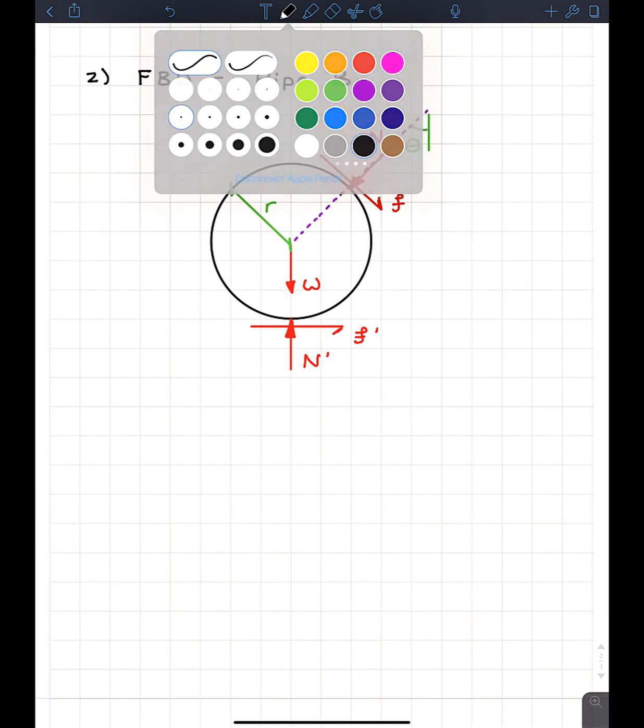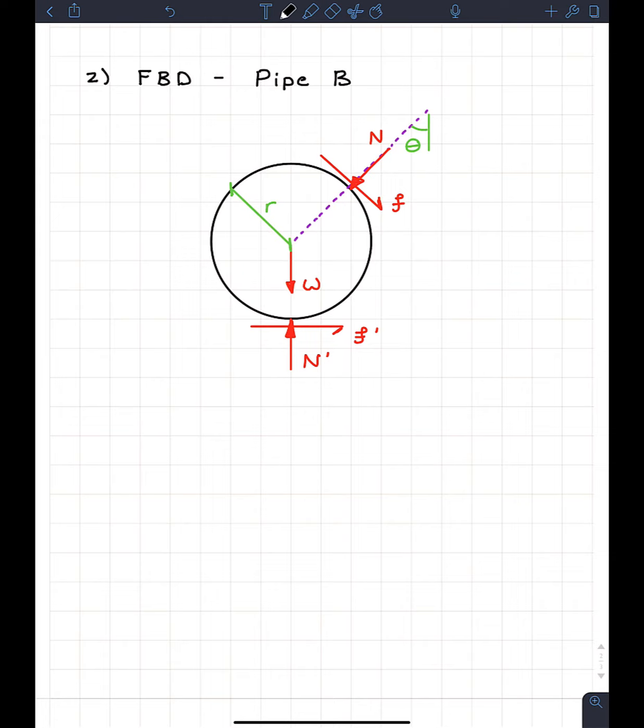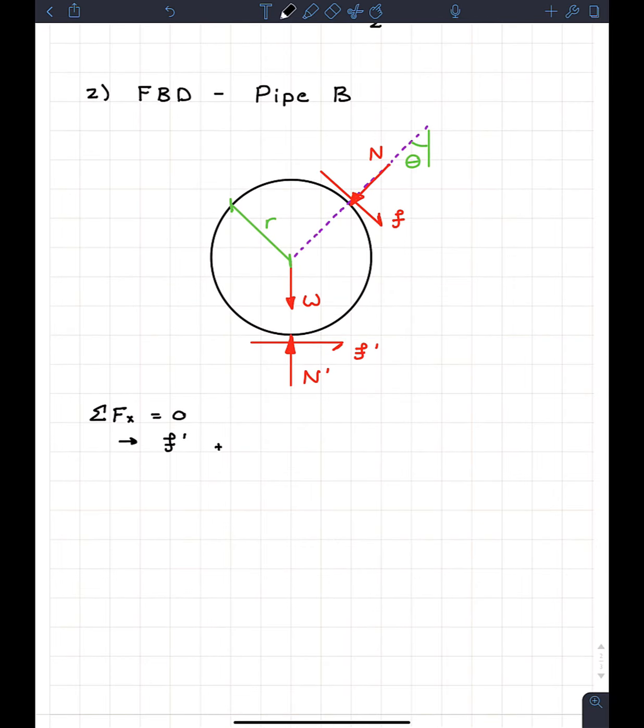So same process as before. I'm going to go through some equilibrium and try to figure out some equations to hopefully solve for things. So I'm just going to start with the sum of the forces in x, that's equal to 0. Looking at this, we got F prime heading to the right, so we're going to have F prime. And we got regular F also heading to the right, so we're going to go plus F. But we have to realize that just a component of F is going to the right.